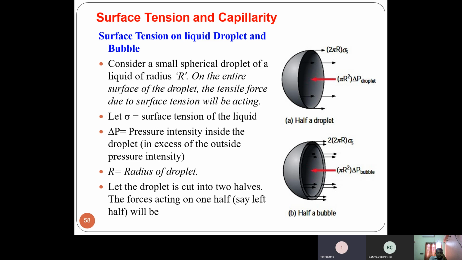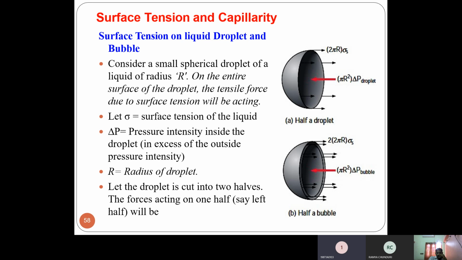Consider a small spherical droplet of a liquid of radius r. On the entire surface of the droplet, the tensile force due to surface tension will be acting. Here, let sigma be the surface tension of the liquid, and delta p be the intensity of pressure inside the droplet in excess of the outside intensity.